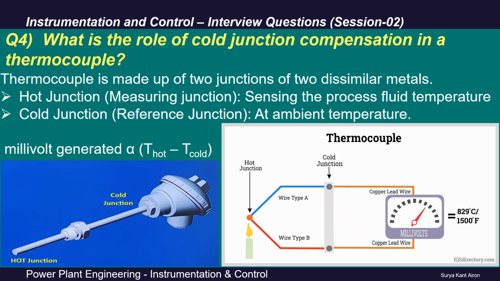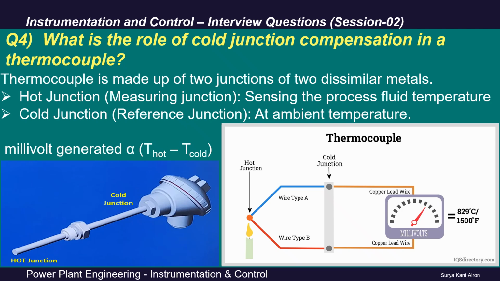Due to this temperature difference, as per the Seebeck effect, an EMF is produced, and this voltage, in millivolts, is directly proportional to the temperature difference between the hot junction and the cold junction. Friends, till now it is clear.